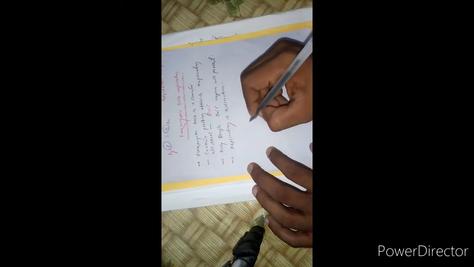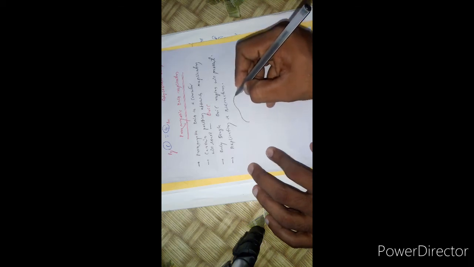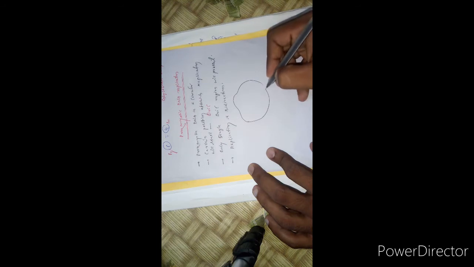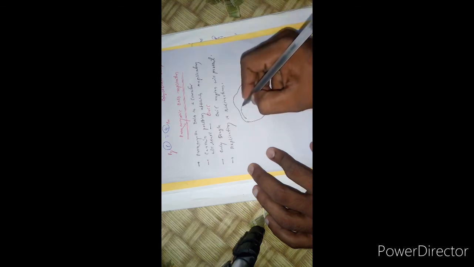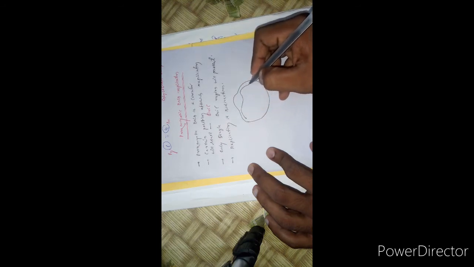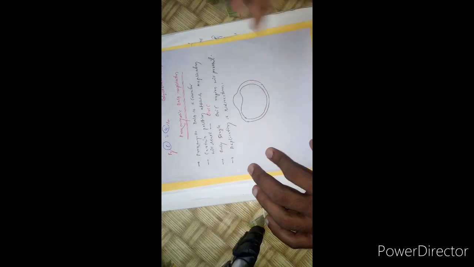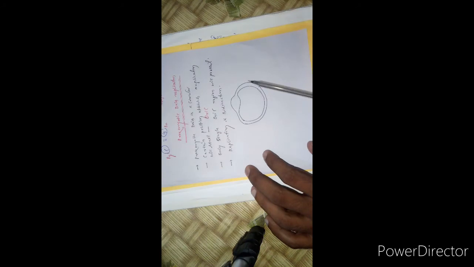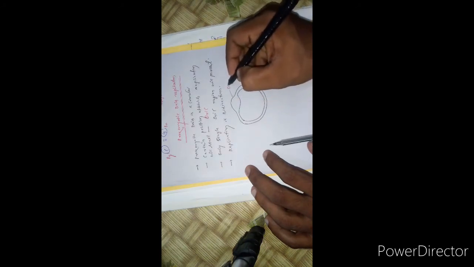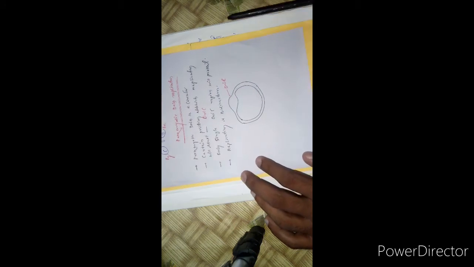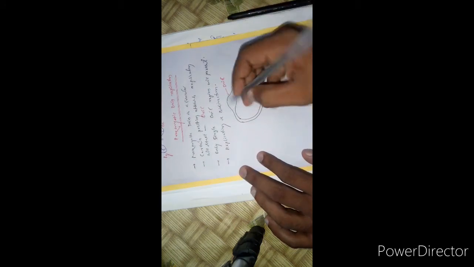Let's see the structure of a prokaryotic DNA. It is a circular DNA having the OriC region, or starting point of prokaryotic DNA replication.